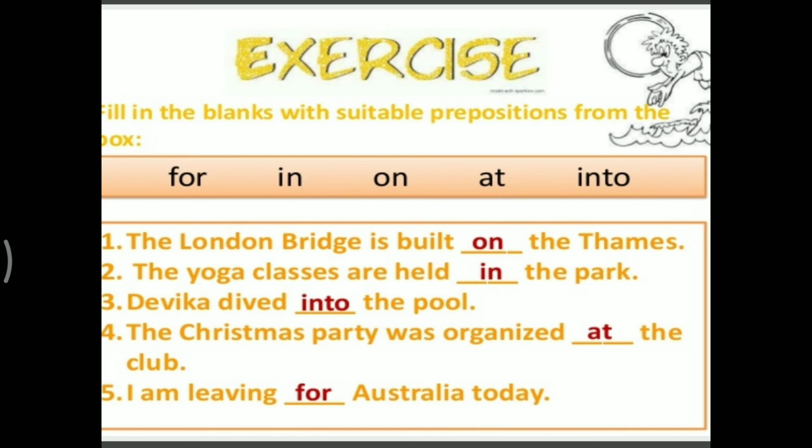The yoga classes are held in the park. Devika dived into the pool. The Christmas party was organized at the club. I am leaving for Australia today. Here on, in, into, at, for are the prepositions. But you have to find out which category all these prepositions come in.